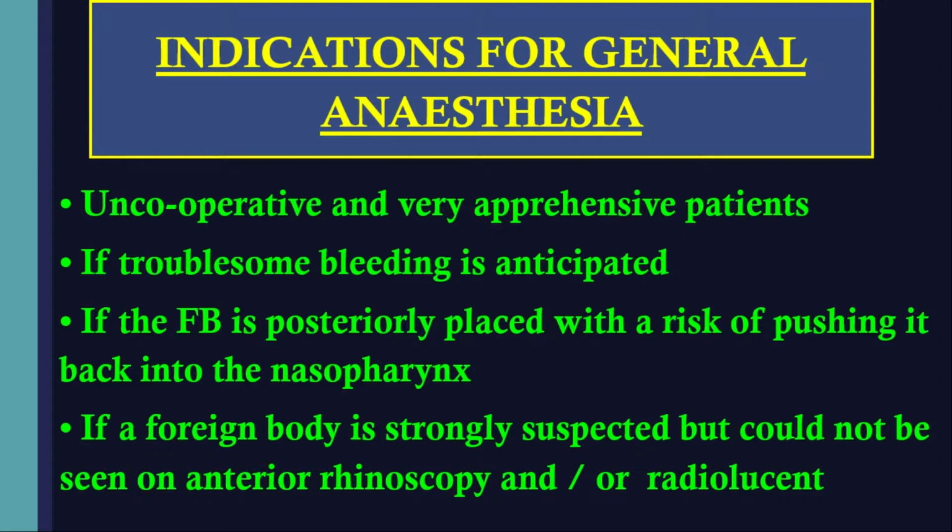In those cases, we go for a general anesthetic, and there are certain indications for general anesthesia in those patients, such as an uncooperative and very apprehensive patient, or if there is troublesome bleeding, which one anticipates if the foreign body is posteriorly placed with risk of pushing it back into the nasopharynx, or if a foreign body is strongly suspected but could not be seen on anterior rhinoscopy, and or it's radiolucent.